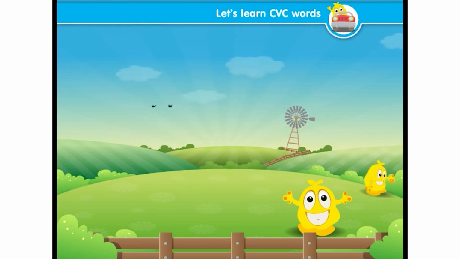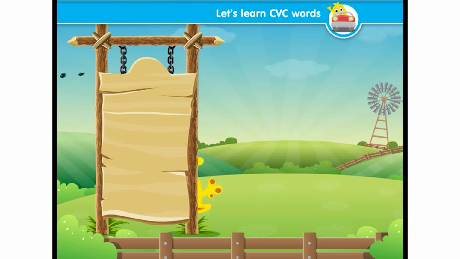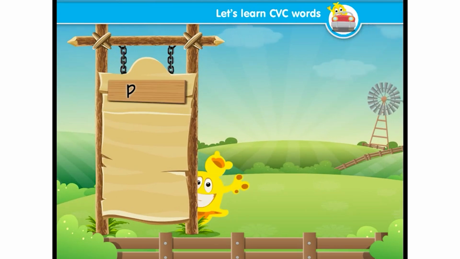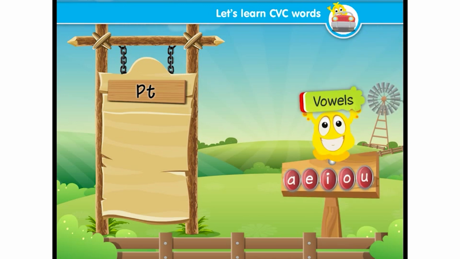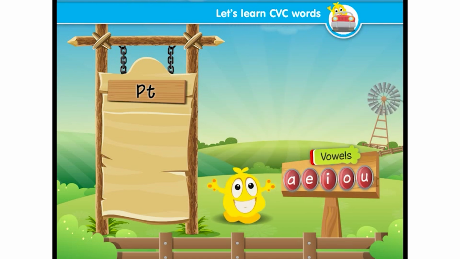Let's see how. If we write P and T together, it will be difficult to pronounce, but if we put vowels in between, let's see what happens.